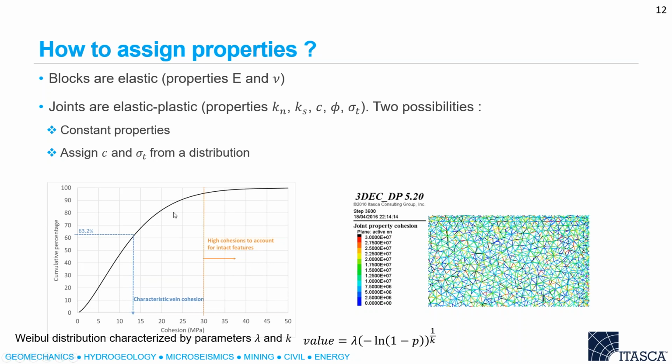For example, this is a cumulative distribution of the cohesion properties of the veins, and this is a cut view showing that we can have at the same time very weak veins in blue and very strong veins in black. What I mean by veins is in fact the contacts between the blocks, between my BBM blocks.